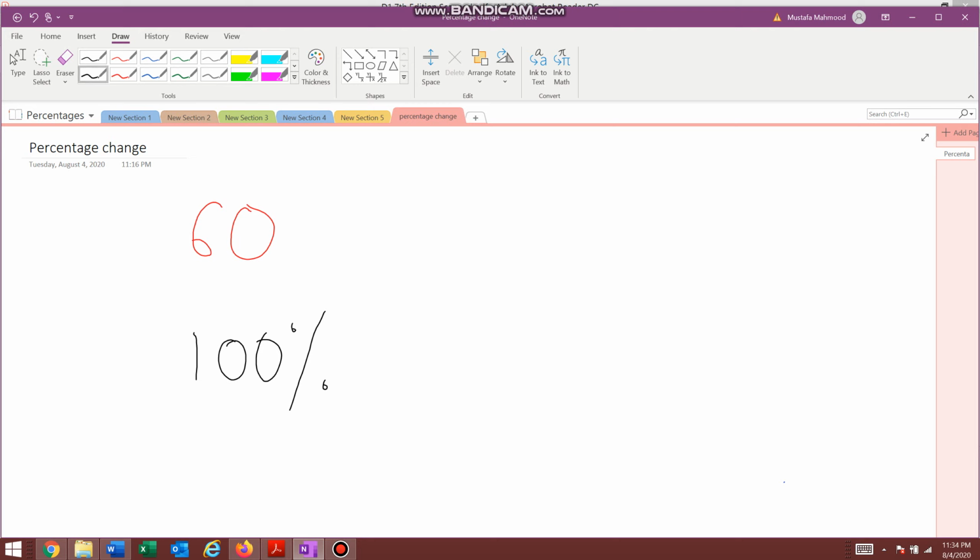Now here, 60, before any increase or decrease, is complete 100%. We have to find out the increased amount. We have to increase it by 35%. Increase by 35% means 100 plus 35, which is 135%. हमें पता है 100% 60 है, increased 135% कितना होगा?